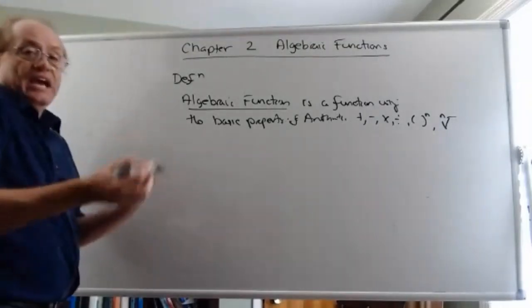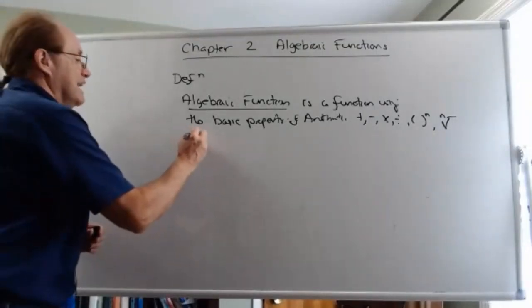Doing those things to variables and numbers a finite number of times. That's critical. That's what makes it algebraic. It's a finite, not an infinite, number of times.